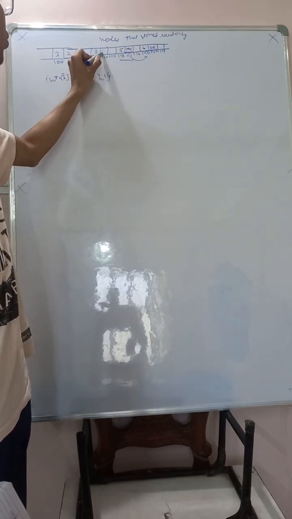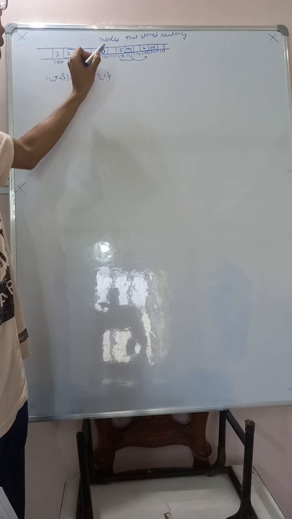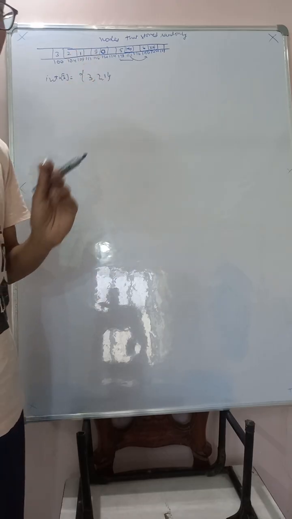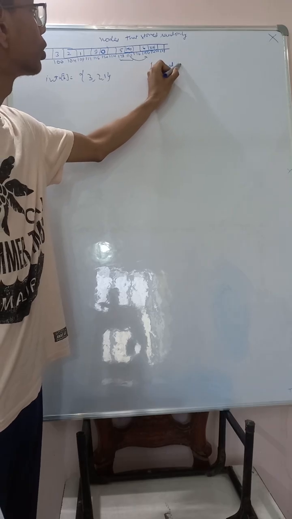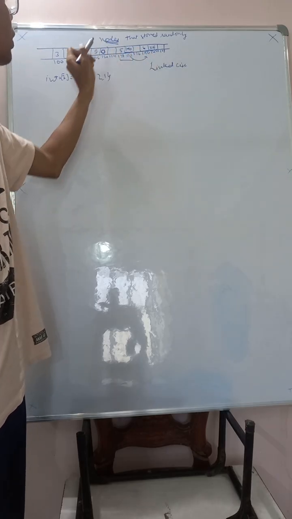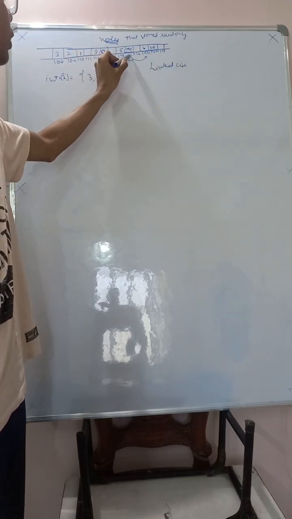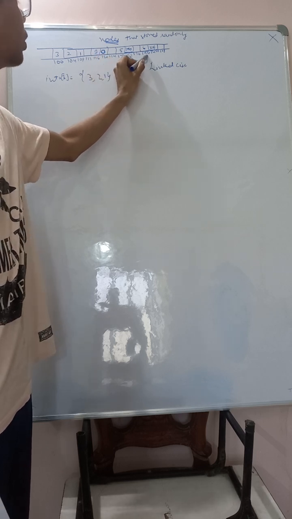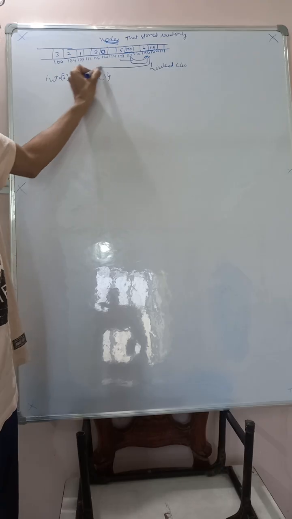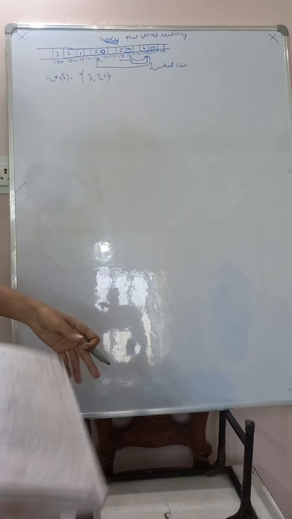And this will store null, because storing null means my linked list, which is collection of nodes, has ended, right? So this will be like this, right?